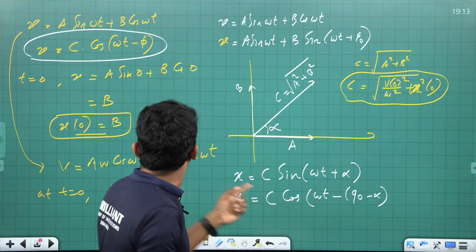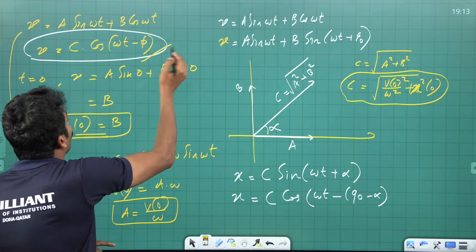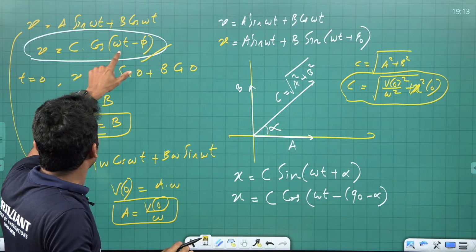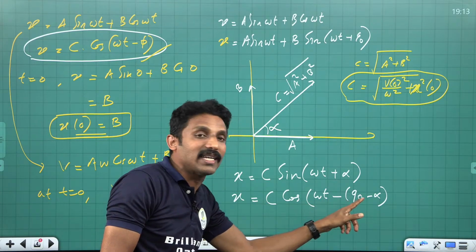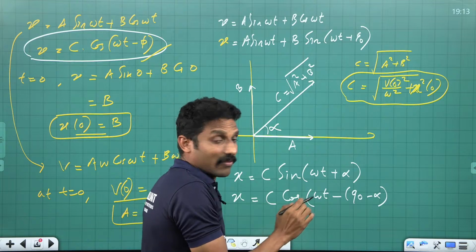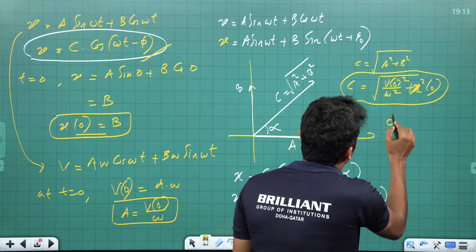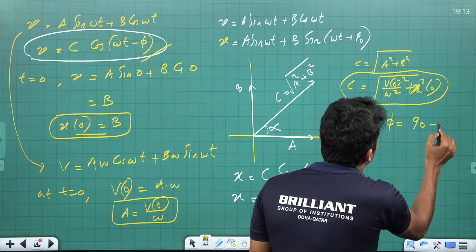Comparing this equation with the given standard formula in the question, here it is cos of omega t minus phi, and here it is omega t minus 90 minus alpha. We understand that the phi value is equal to 90 minus alpha.